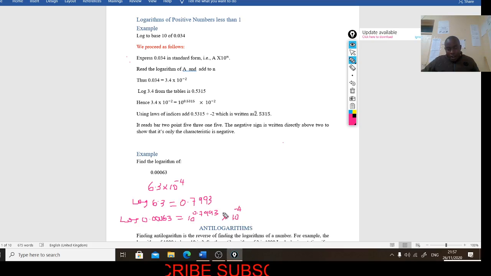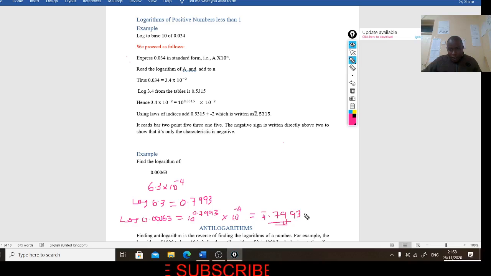Now I have the powers, which will give you power 4. I said power to show that it's only the characteristic that is negative. So it will be power 4 plus this one, which gives you power 4 point 0.7993.